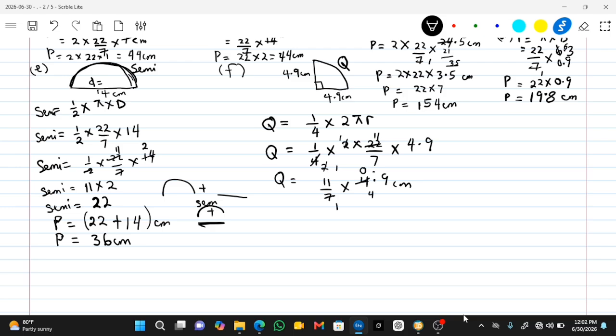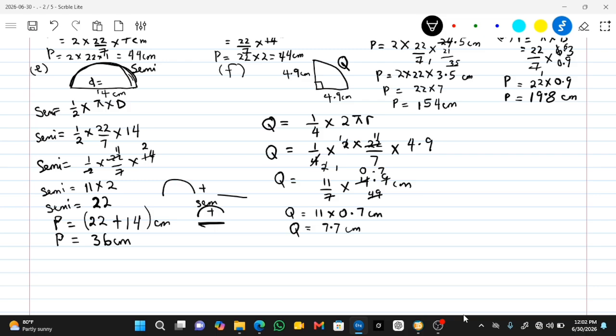I have 49. 7 divides 49 to give me 7. So Q equals 11 times 0.7 centimeters. So Q is equal to 11 times 7, I have 77, but because of this decimal point, 1 decimal, it is 7.7 centimeters.